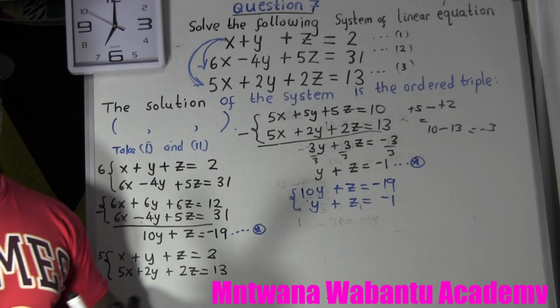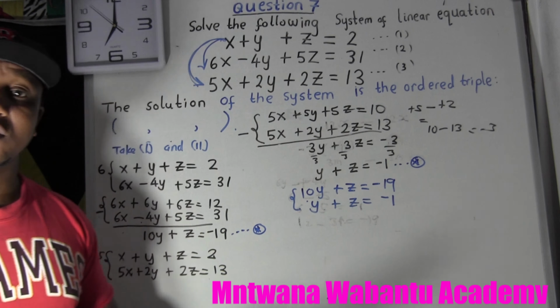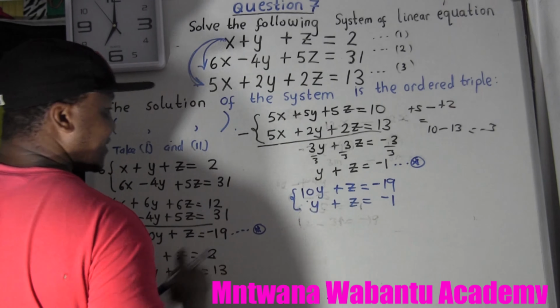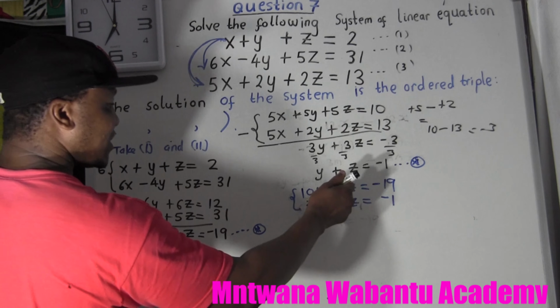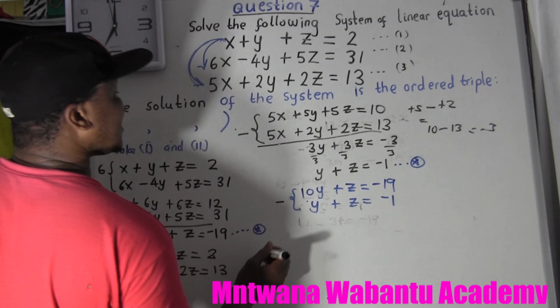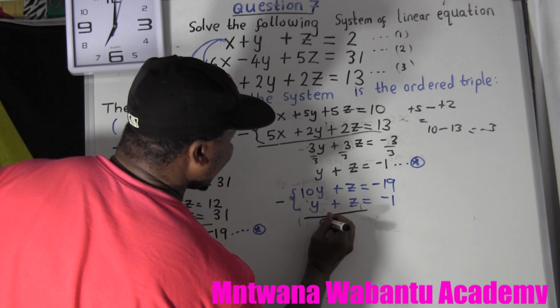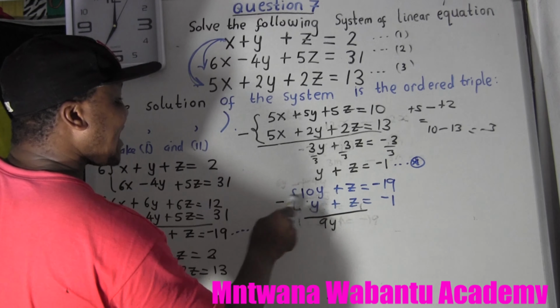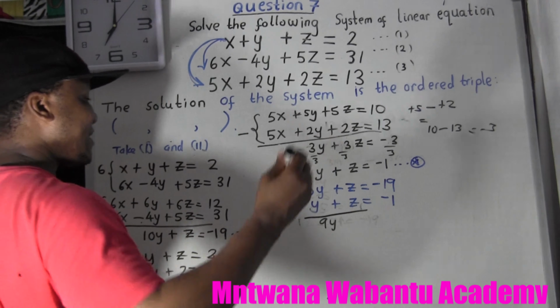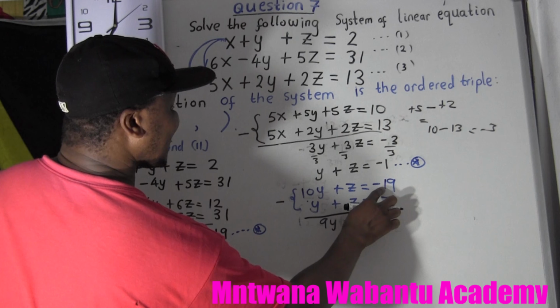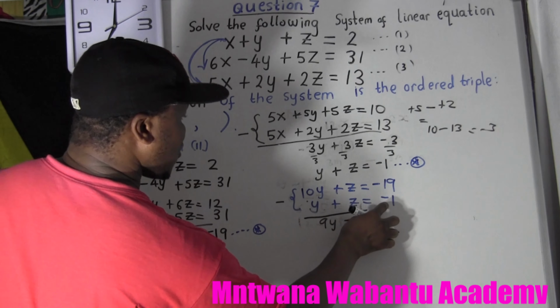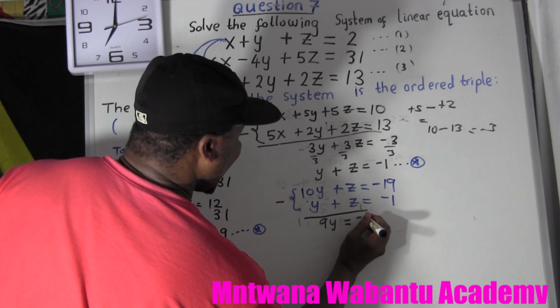The other letter would mean I have to multiply by 10, and in an exam you don't have time for that. So I'll just take this. This is positive z and this is positive z, so just subtract. 10y minus y is going to give us 9y. z minus z, 0. Equal to negative 19 minus 1, which is negative 18.